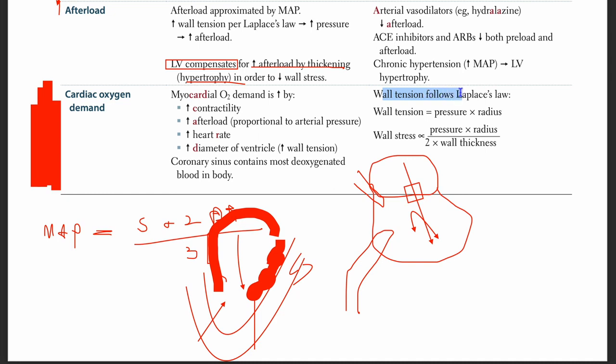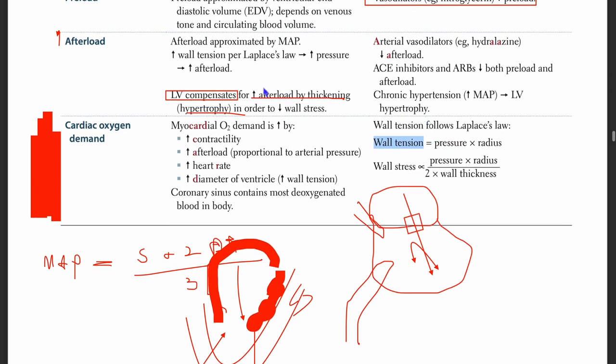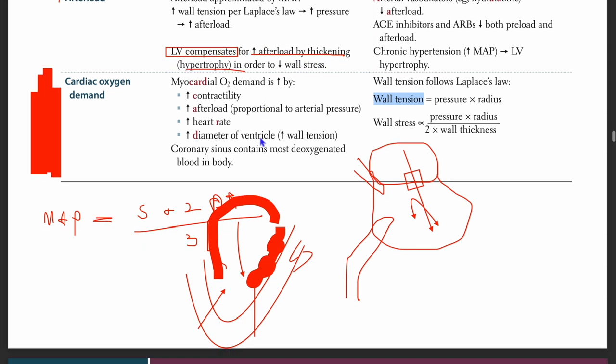Wall tension follows Laplace law. So wall tension equals pressure times the radius. The bigger the radius, the bigger the wall tension. That's why increase in diameter of ventricle has increase in oxygen demand. Increase in pressure also increases wall tension. That's why we have increase in afterload causing hypertrophy as well, right?